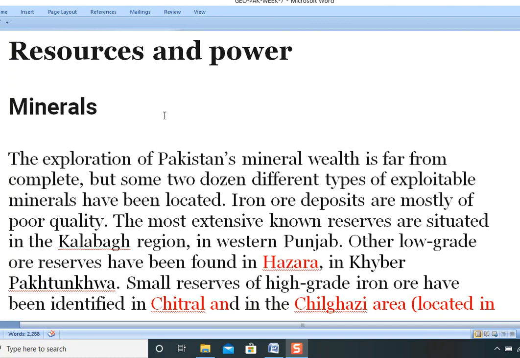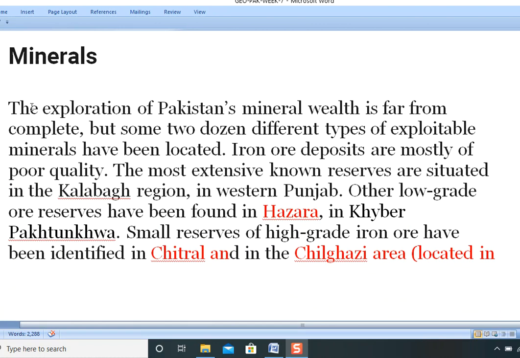For the first time in Pakistan, at Sui in Balochistan in 1954, natural gas was discovered. Later on, many decades after, in Khor, Tut, Dhulian, these areas of Punjab and some areas of KPK, oil refineries were established. Let's read. The exploration of Pakistan's mineral wealth is far from complete, but some two dozen different types of exploitable minerals have been located.